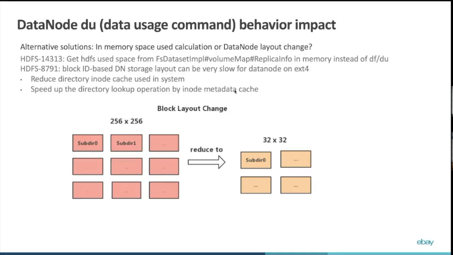It can reduce the directory inode cache used in the system. Then it will speed up the directory lookup operation by the inode metadata cache. But this way we will need an upgrade in DataNode, and maybe we need to track if there is a compatibility problem in HDFS, so we don't use this way.